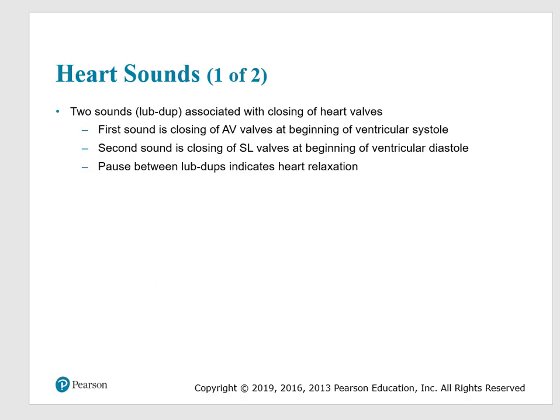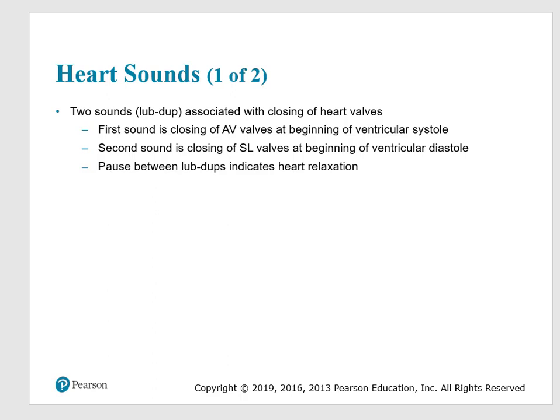All right, let's look at the heart sounds. The lub-dub sound that you hear when you place a stethoscope against the thoracic cavity is due to the closing of the heart valves. There are 4 heart valves that you have. The atrioventricular valves are the bicuspid and tricuspid: tricuspid between the right atrium and the right ventricle, bicuspid between the left atrium and left ventricle.